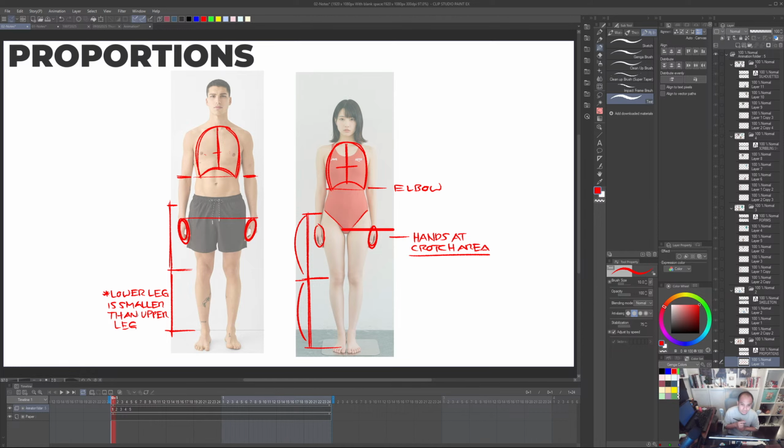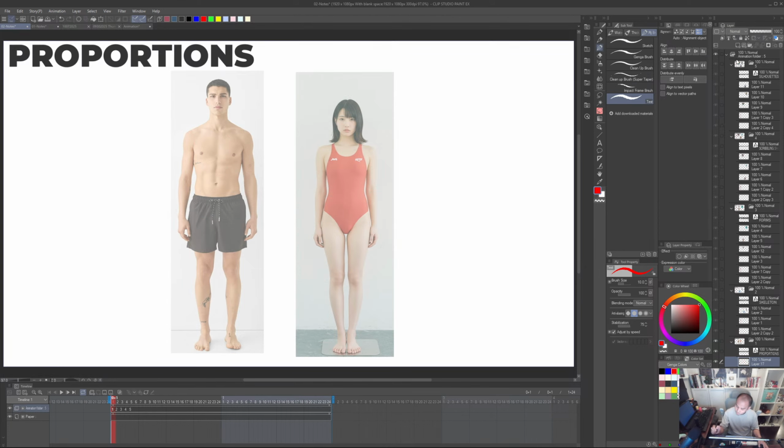So another key point that I want you to remember when drawing the figure is that men will have a wider shoulder than their hips, right? Wider shoulder than their hips, and it forms a shape like that.